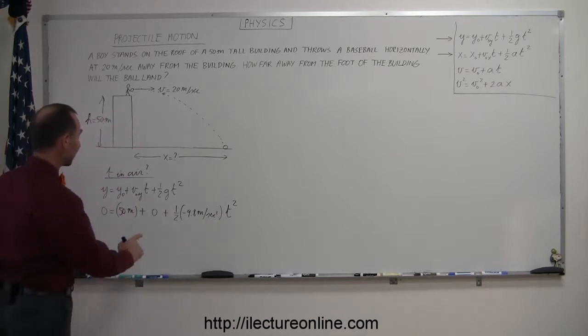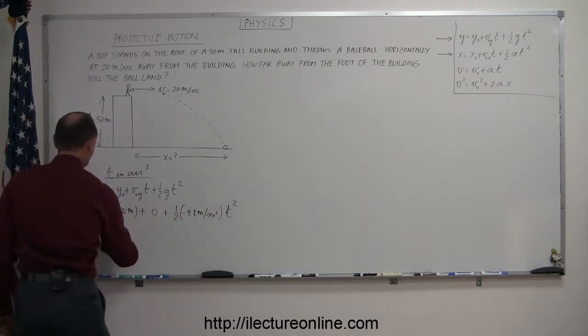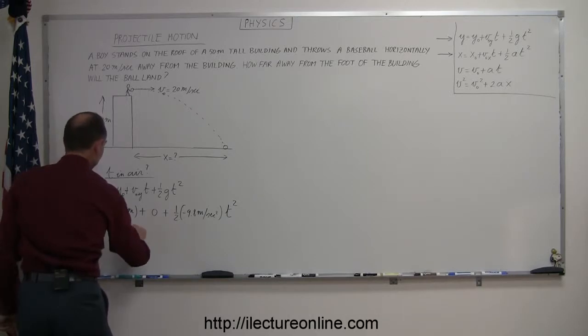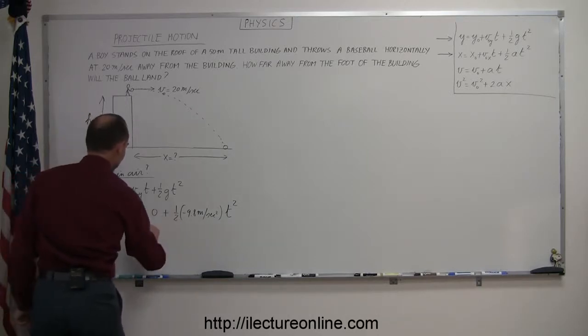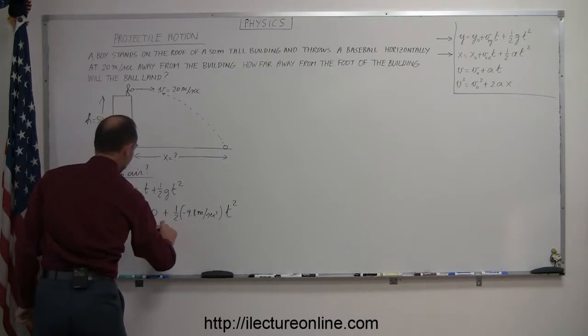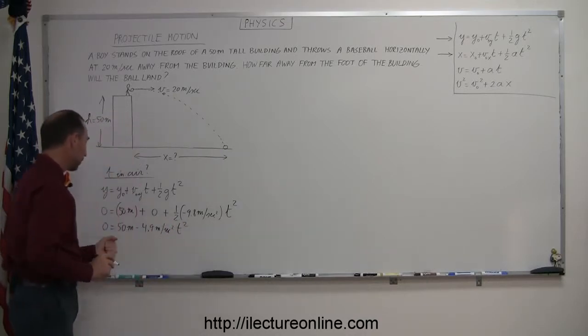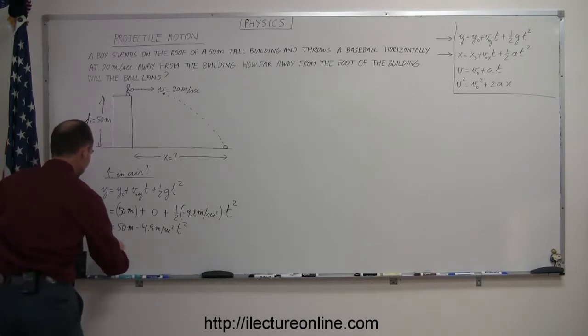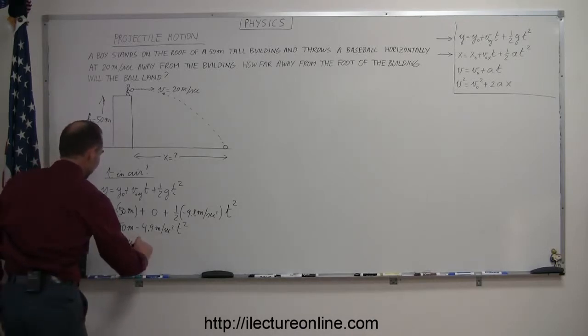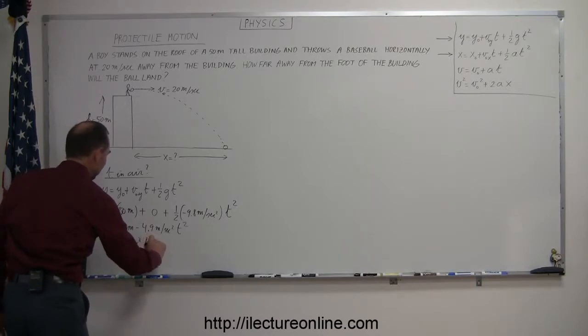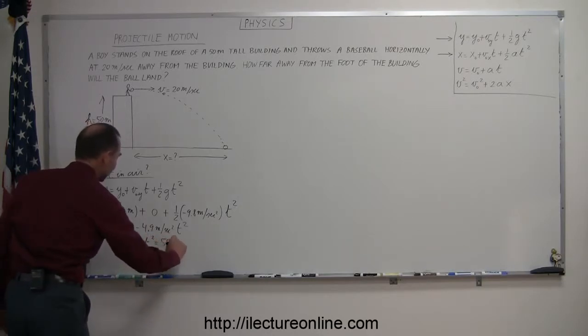And so we can solve for that, simplifying this equation. You see 0 equals 50 meters, minus half times that, which is minus 4.9 meters per second squared, times t squared. Bring the 4.9 over to the other side. We now have a positive 4.9 meters per second squared times t squared equals 50 meters.